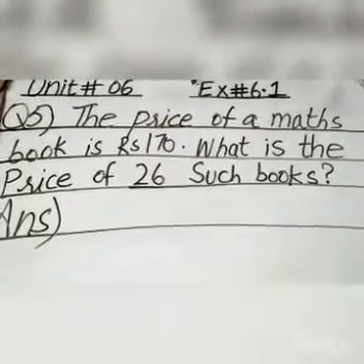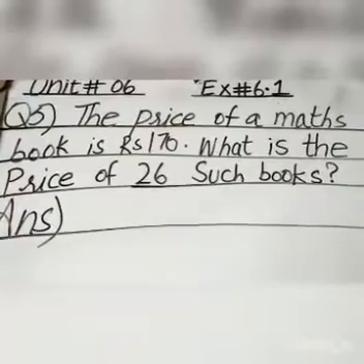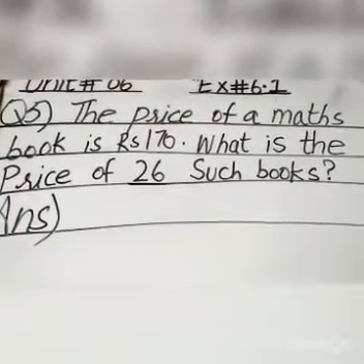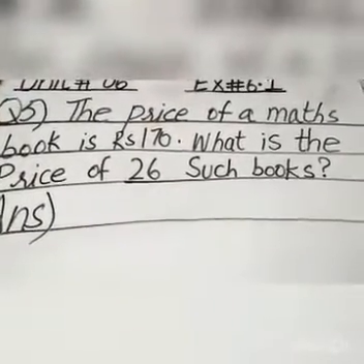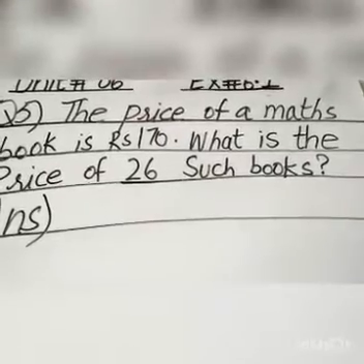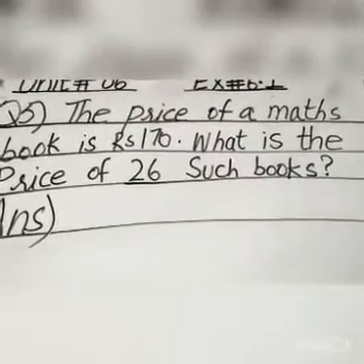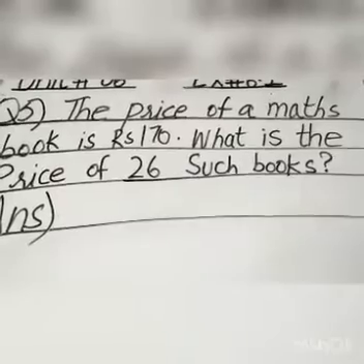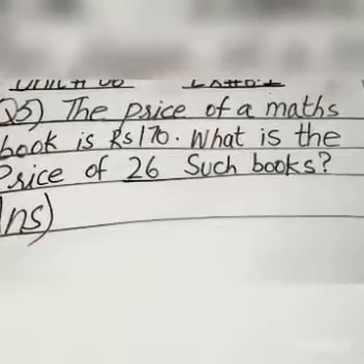Question number 5. The price of a maths book is rupees 170. What is the price of 26 such books? Okay, class, you can see the price of one maths book is equal to 170 and we have to find out the price of 26 such books.